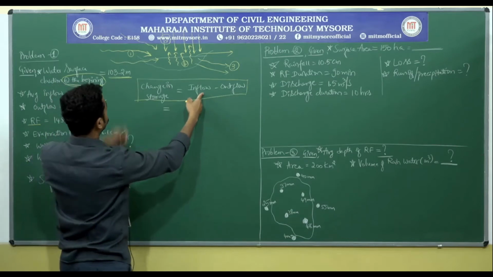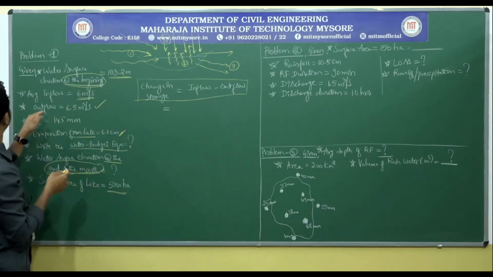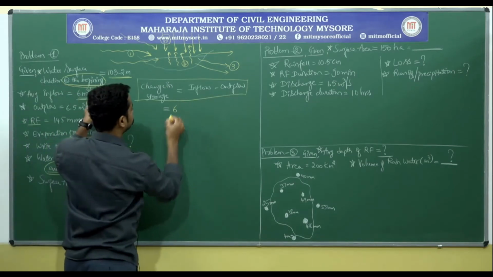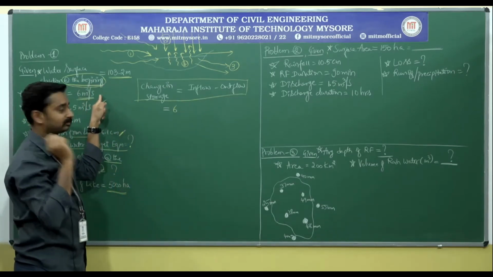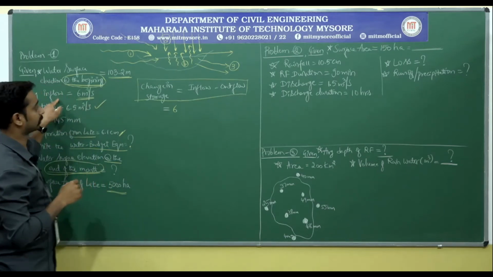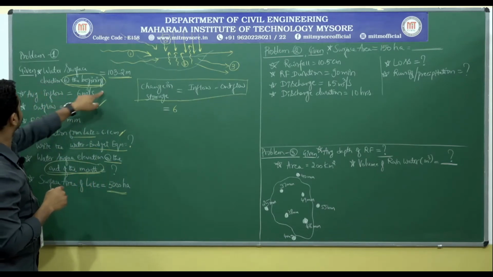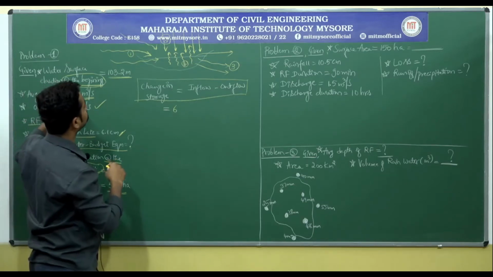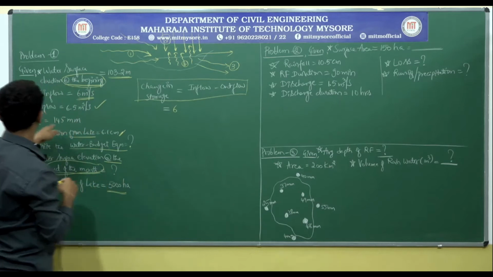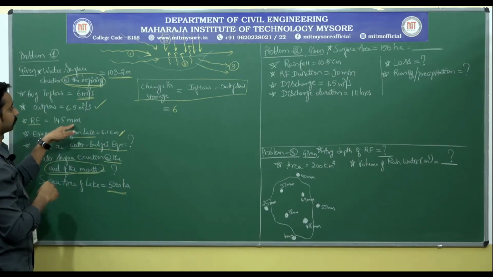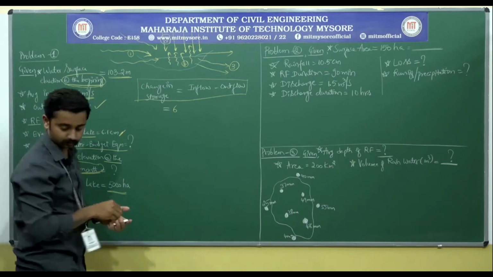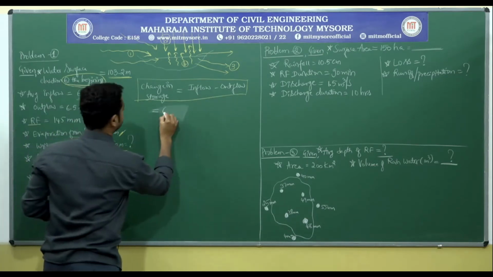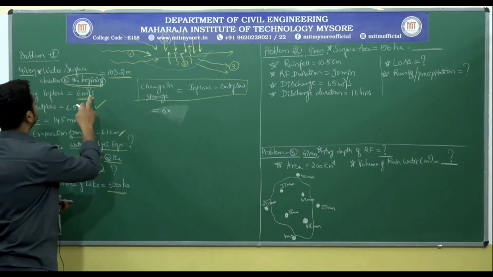Now the inflow, the runoff. What have they given? Average inflow 6 meter cube per second. Next, rainfall, how much? 145 mm. Correct? The inflow is 6 meter cube per second for a month.